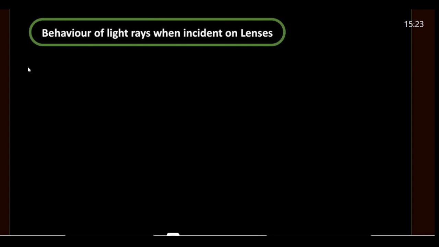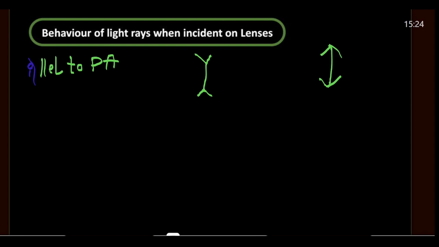First, I am considering that a ray is parallel to the principal axis. Then what happens, whether it is a concave lens or a convex lens? I'm taking two cases.